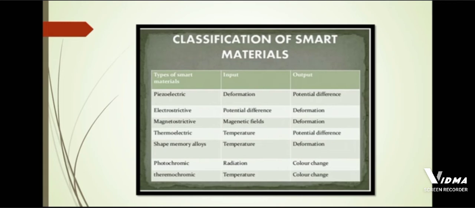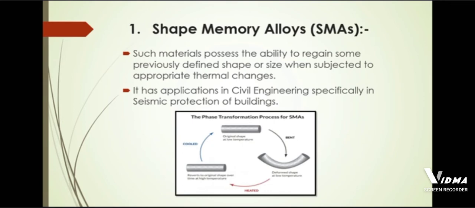Fourth, thermoelectric, input temperature, output potential difference. Fifth, shape memory alloys, input temperature, output deformation. Sixth, photochromic, input radiation, output color change. Then thermochromic, input temperature, output color change.